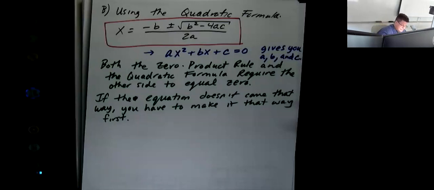Let's take a look at the one we just did. We had x squared minus 6x plus 8 equals 0.